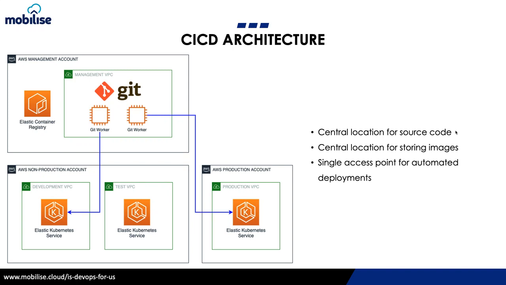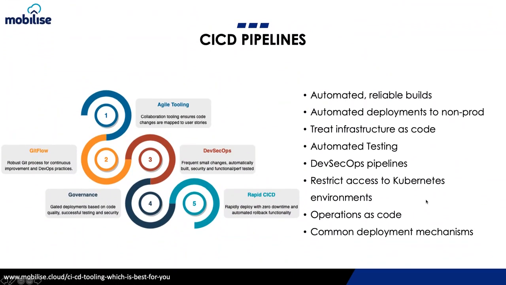So it's all about security and governance in terms of how we control our builds so that they are reliable and repeatable, and how we secure our deployments. So moving on to the pipelines. A pipeline is all about how we go from taking a build, building it, testing it, and moving it into a Kubernetes environment.